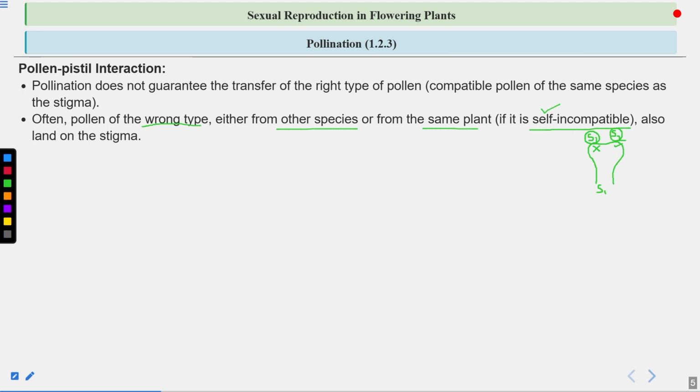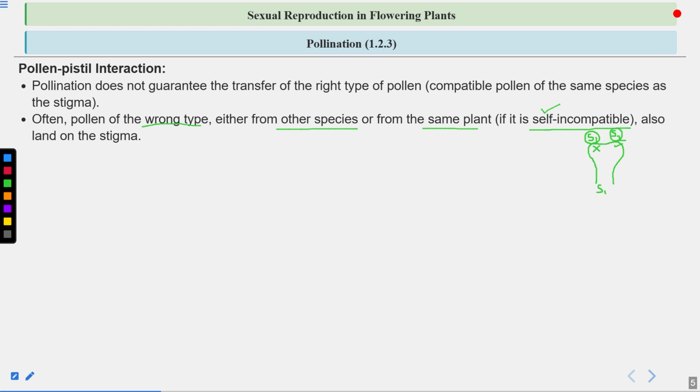That is why the term self-incompatible comes here. Self-incompatible means the pollen and pistil have the same alleles of a gene. Actually, this is a gene which is given as S, and here you can see S1, S2, S3. Likewise, they could have a number of alleles, right?